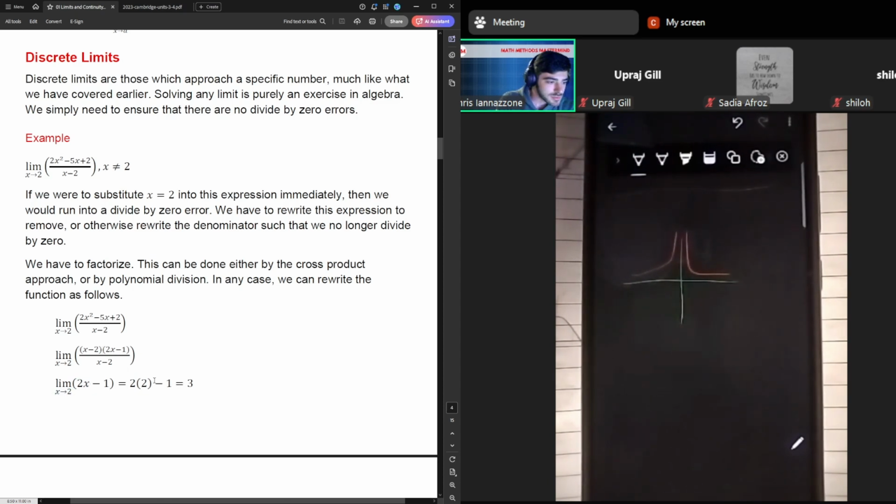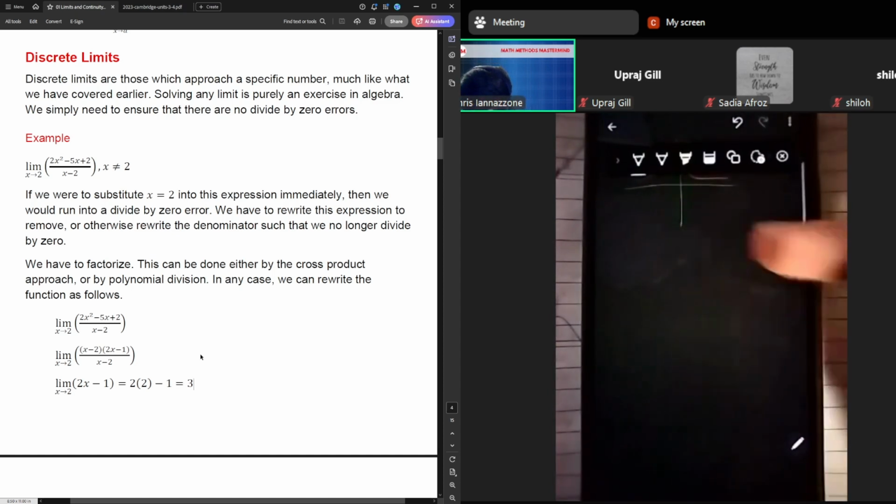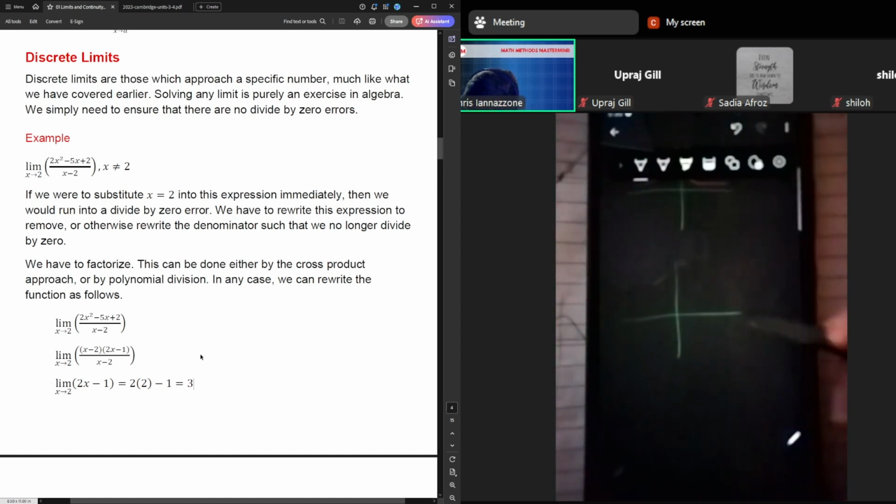From there, you can sub in x equals 2 pretty safely, and you would get a limit of 3. Now, it's worth mentioning, this limit of 3 does not mean the y value of this function at x equals 2 would be 3. The y value is still undefined, but the limit would be 3. And what this would actually look like is something like this. I'll start drawing it out.